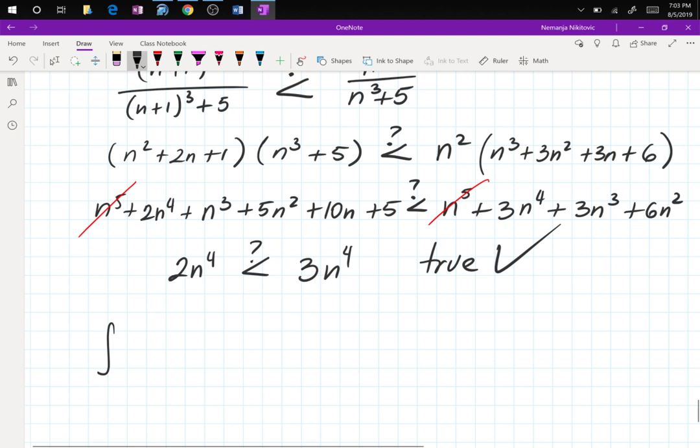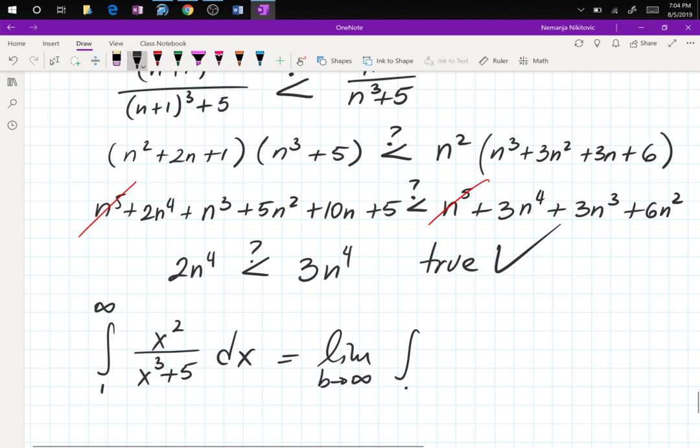This means that I can go integral from 1 to infinity of x squared over x cubed plus 5 dx, which is the limit as b goes to infinity of the integral from 1 to b of x squared over x cubed plus 5 dx.